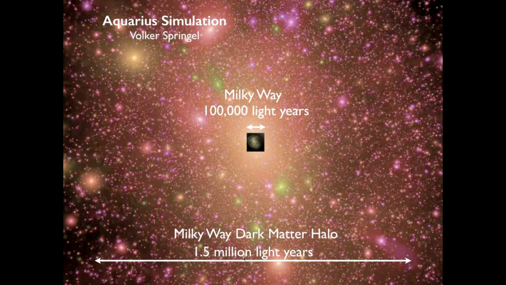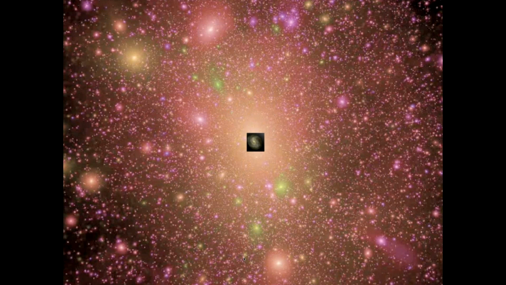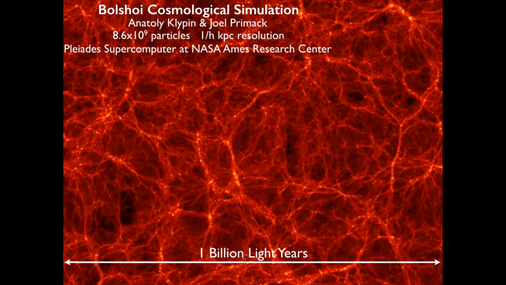Their halos are enormous. And for smaller galaxies, the ratio is even greater, much bigger halo compared to the size of the galaxy. How does this fit into the large-scale structure? More or less like this. So this is a slice of the Bolshoi simulation, which Anatoly Klypin and I ran back in 2010, 2011. And it's about 50 million light years thick and 1 billion light years across.